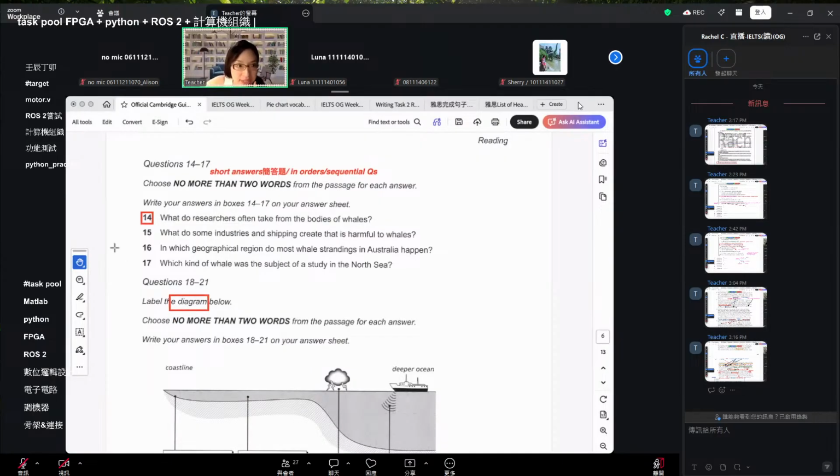上面14到17我只讲14，因为第18到第21比较难。那简答题我们刚刚讲过了，它是一个顺向出题的字，我一样找那刚刚那9个定位字，在截图里面大家可以看到那9个定位字里面可能出现。Number 14, researchers often take from the bodies of whales. So researchers take something.